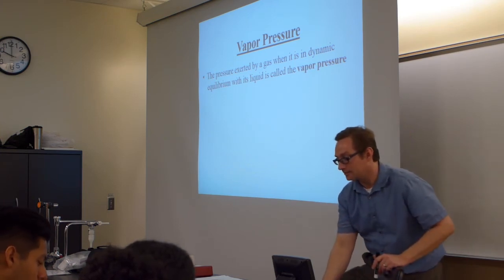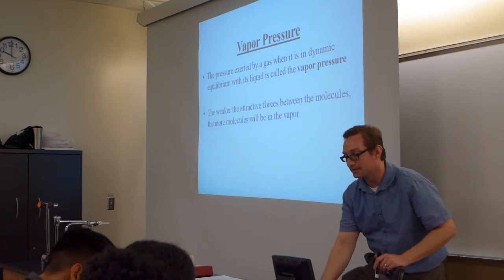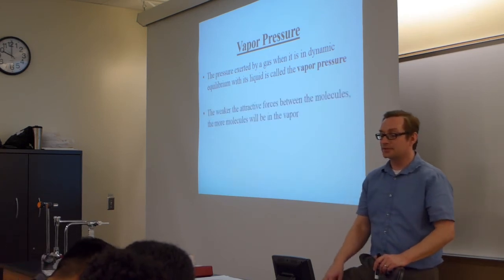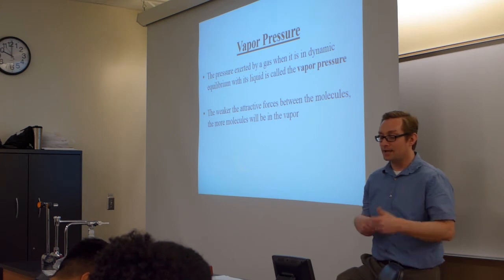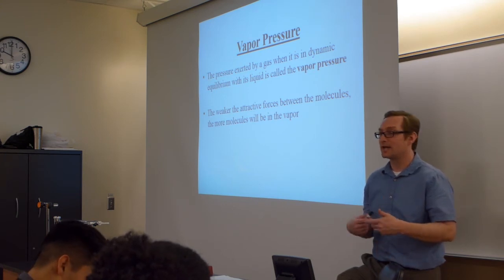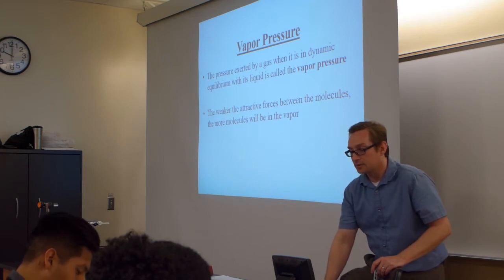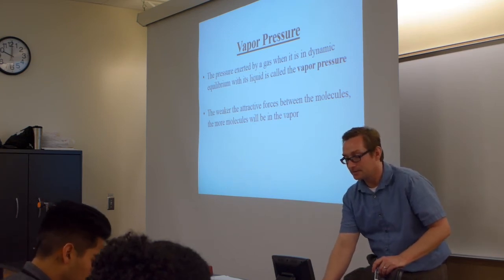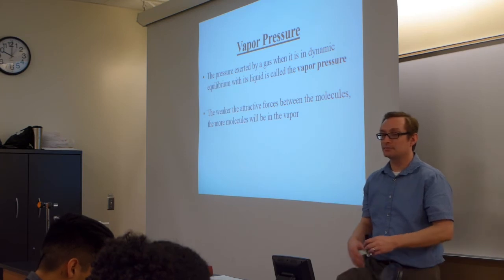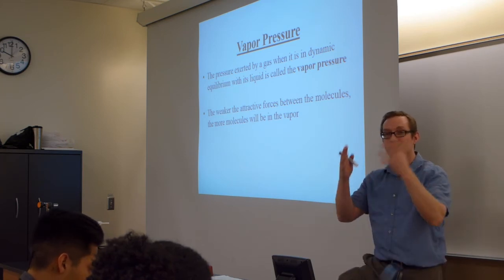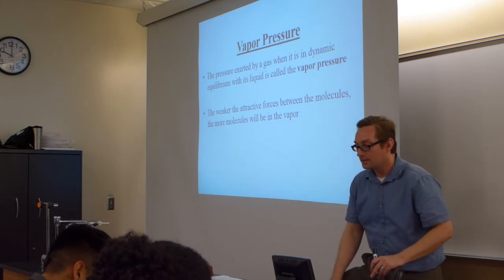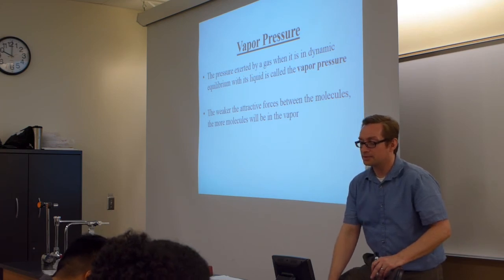All right, so the pressure of the vapor above the liquid at normal room temperature is called the vapor pressure of that liquid. Weaker attractive forces will result in lower vapor pressure, right? So if something has weaker attractive forces, it means it wants to vaporize more. Did I say lower vapor? It means greater vapor pressure. Okay.